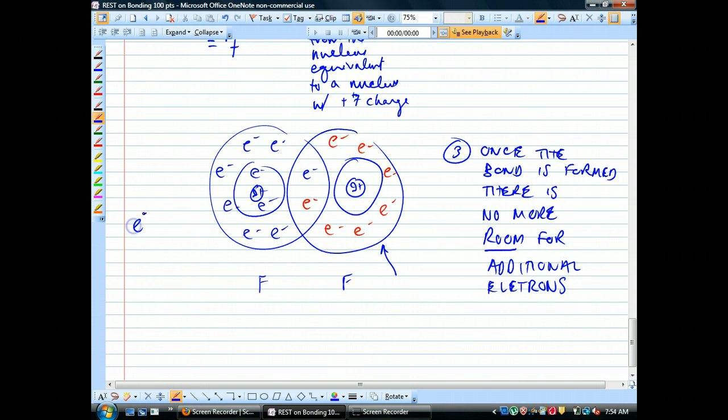So here I am, I'm an electron looking for a place in this world. So I come over here and they're like, there's no room. Okay? Because the shell's full now, let's say I was able to kind of hang out right on the edge, on the periphery, and just kind of creep around there. Here's the thing. There would be no attraction of that atom for me. Why? Look at this.